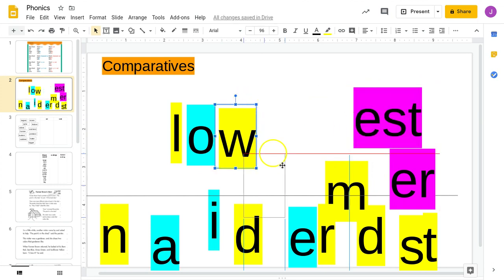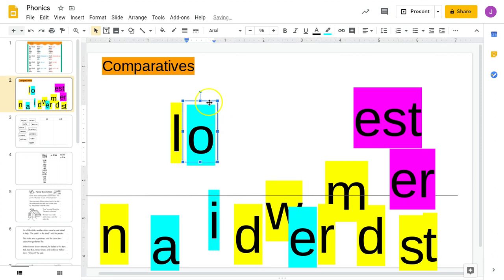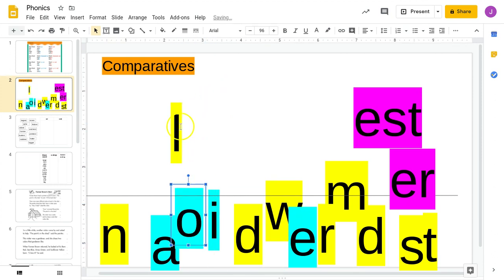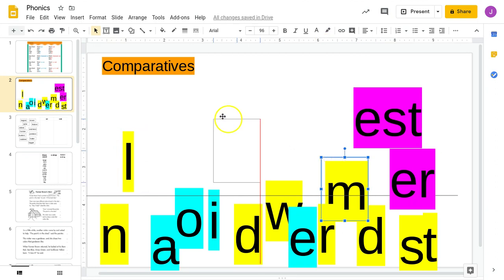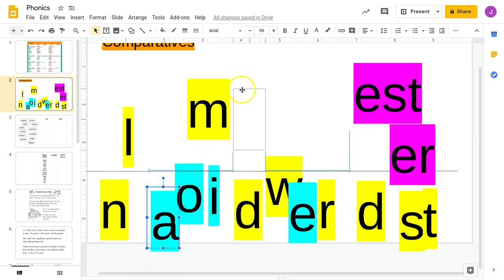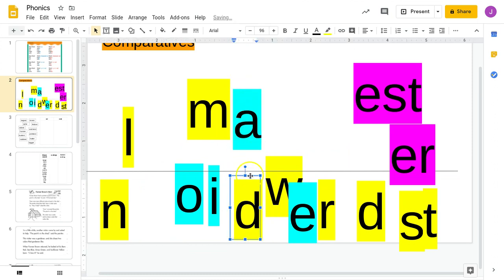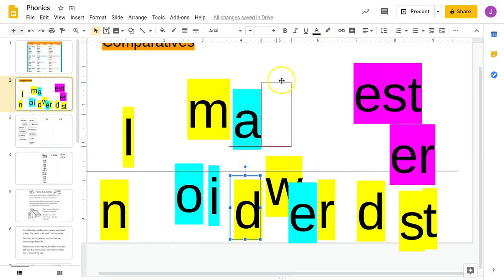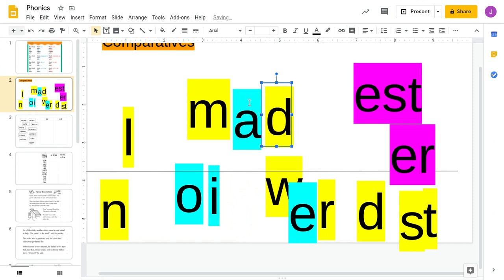The reason we had to double the consonant in the word mad, M-A-D, is because mad has the short vowel sound, and we needed it to stay short. And if we didn't double that consonant, it would have become long, and we didn't want that.